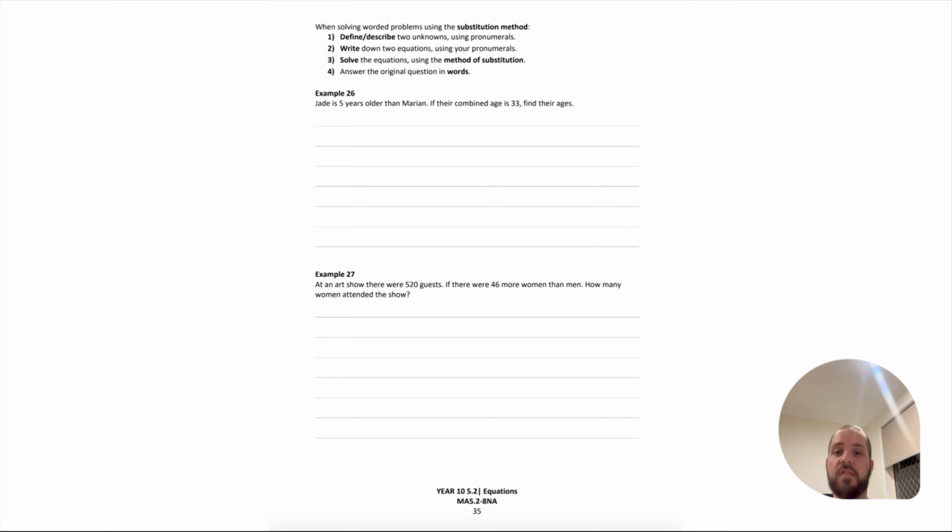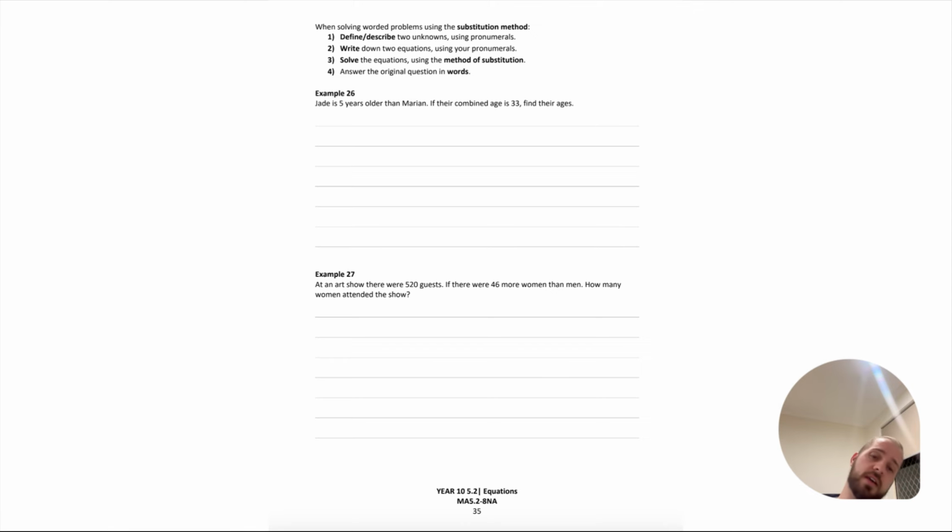I'd highlight that, 5 years older, and then Marion. I would use M for Marion, so J for Jade and M for Marion, and then highlight combined age is 33. Then we can circle find their ages because we're circling the end product, what they want us to find, the final answer.